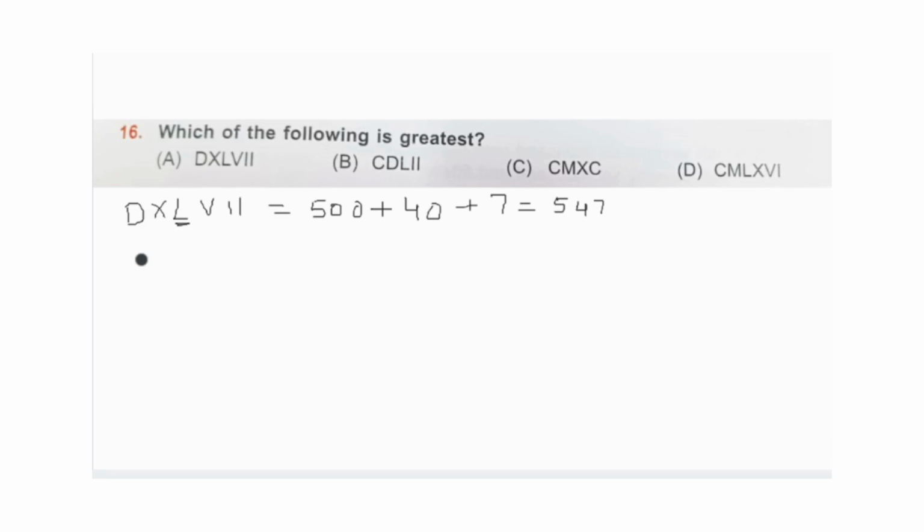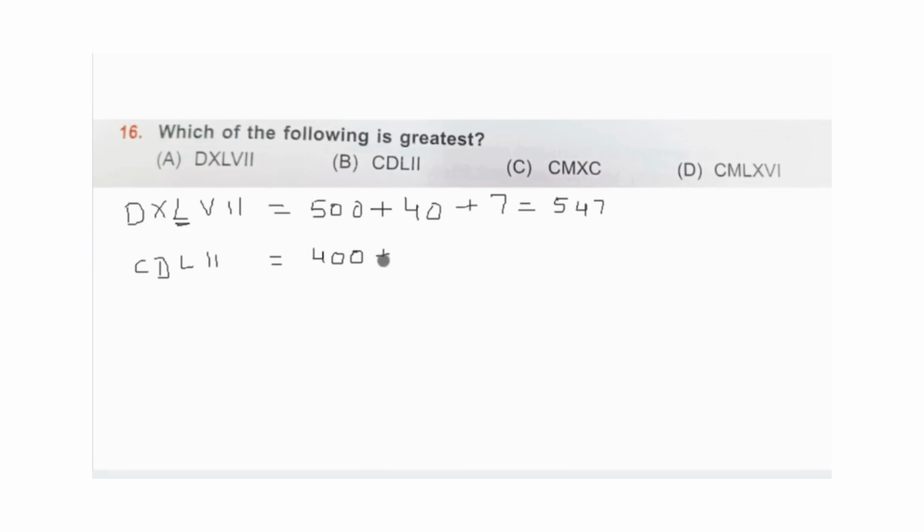Let's go with second option. Let's convert the second Roman numbers into normal digits, which is C, D, L, I I. So now if you see C and D, C is 100 and D is 500. But since C is before D, you need to subtract 100 out of 500, which makes it 400.